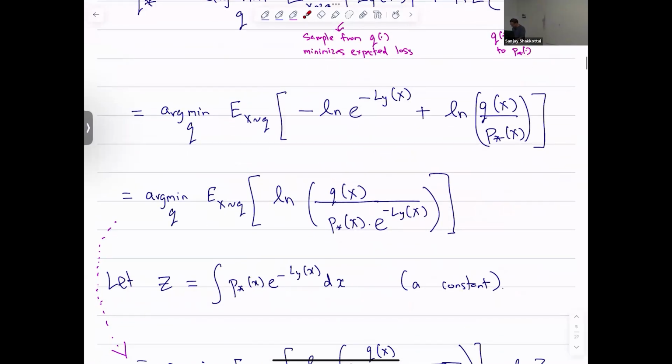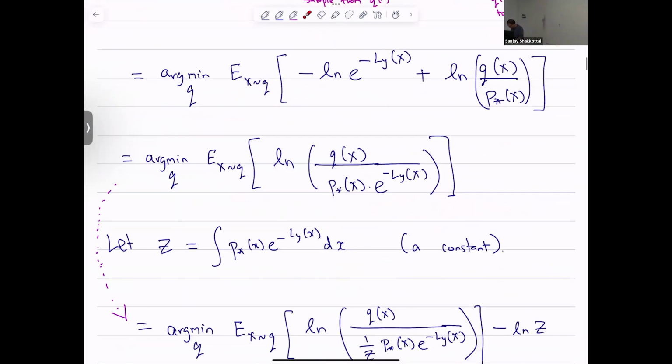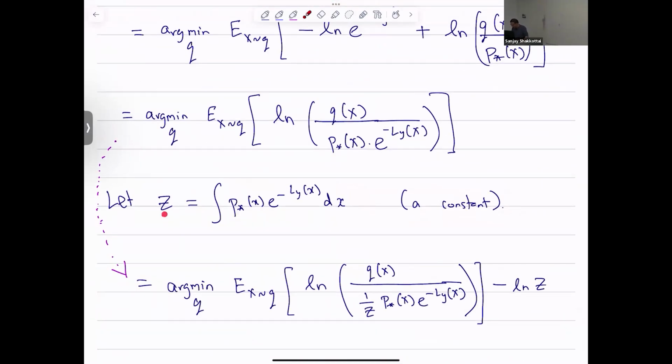So what is this? Let's write Z. This is not a random variable, it's just this normalizing constant. I'm just going to write this integral as Z. Then this can be rewritten as log Q, with 1 by Z here and the minus log Z outside.